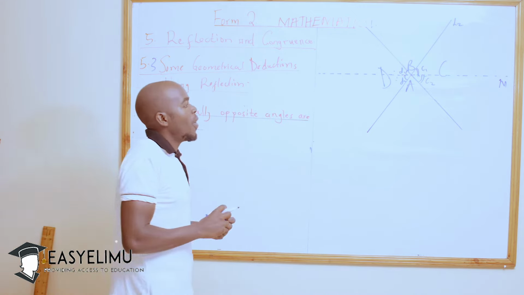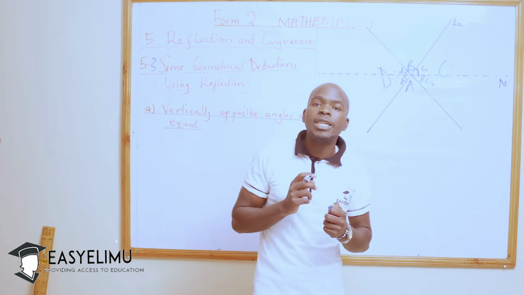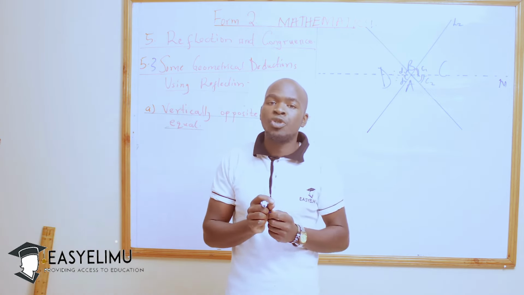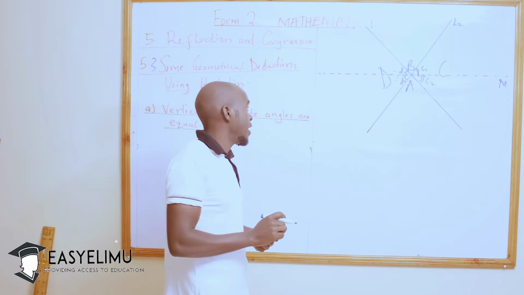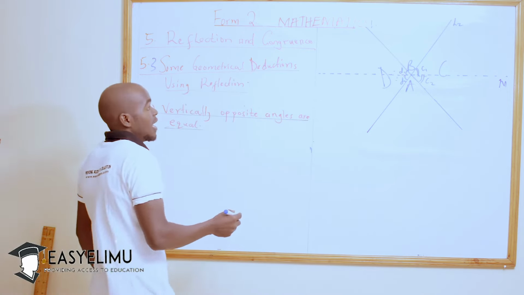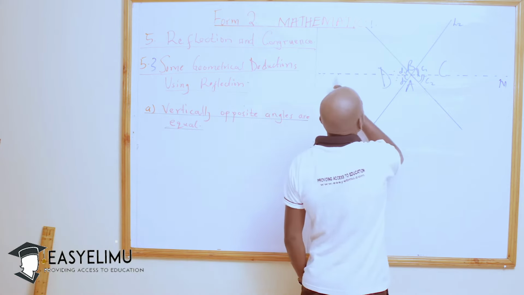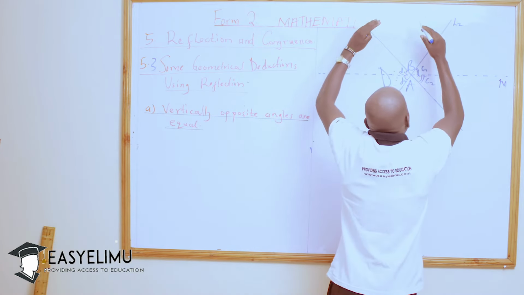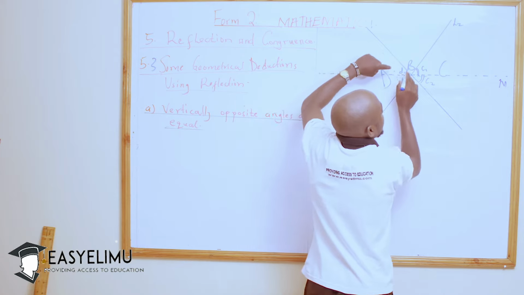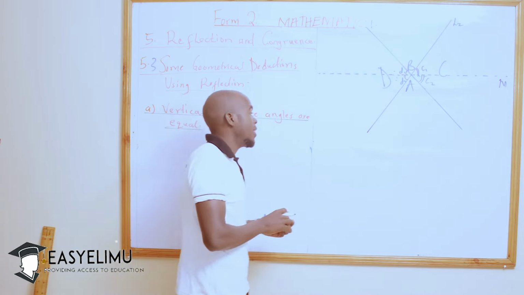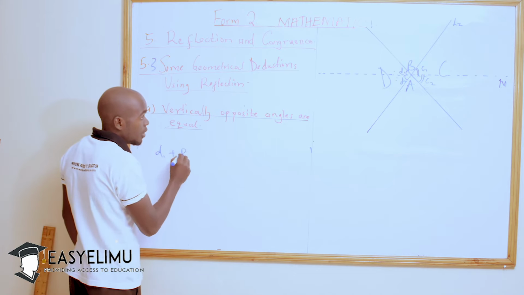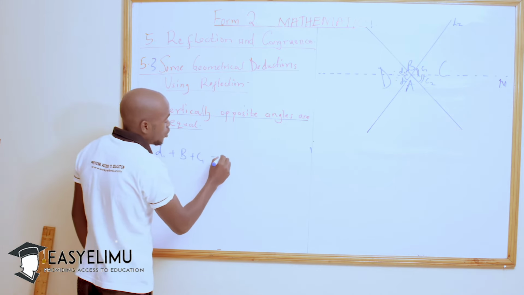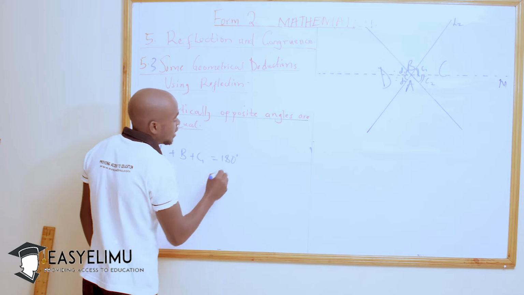From there we know one thing: if we take angles on a straight line, they add up to 180 degrees. For instance, let's take the angles which are on top of the mirror line. That is angle D1, B, and C1. If you take D1 plus B plus C1, you are going to get 180 degrees.